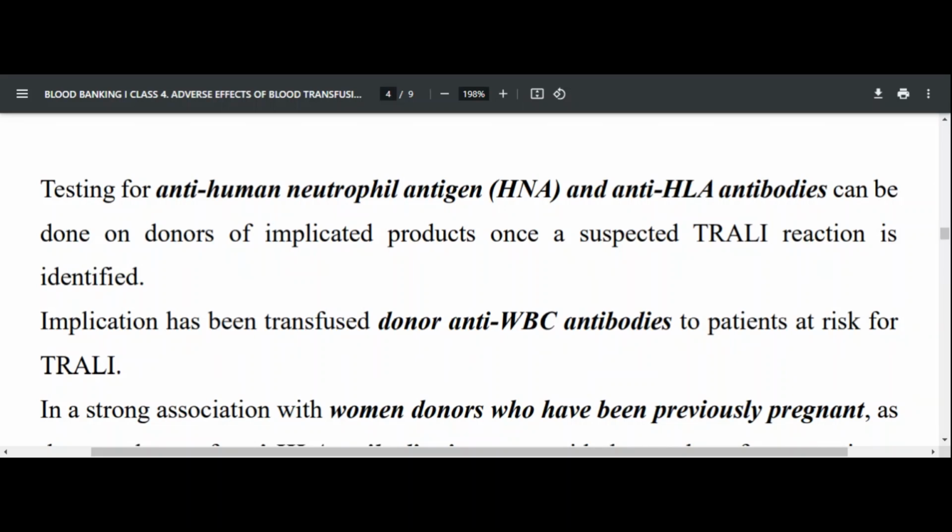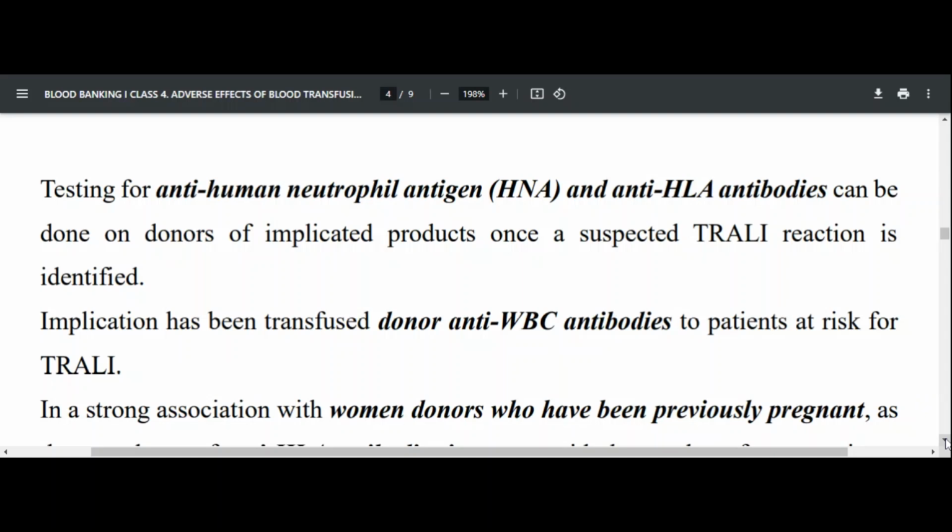Those antibodies can cause accumulation of fluids in the lungs. That's why we have to test for the presence of these antibodies in implicated donors who have transfused anti-WBC antibodies to patients at risk for TRALI.